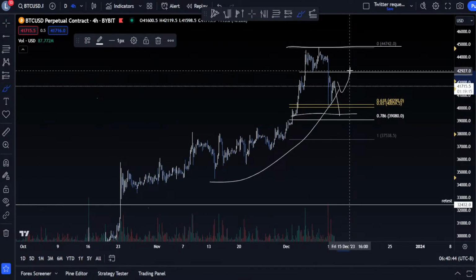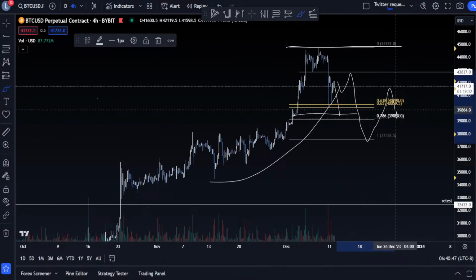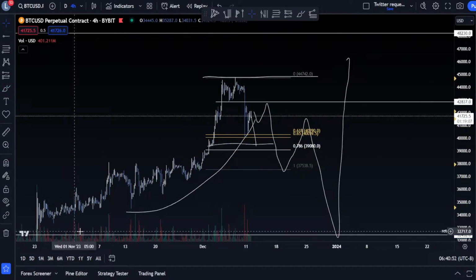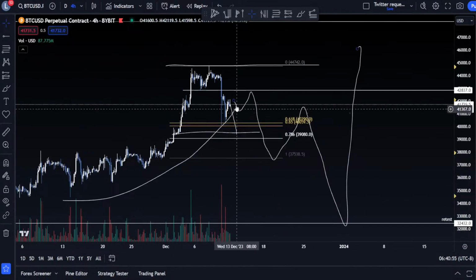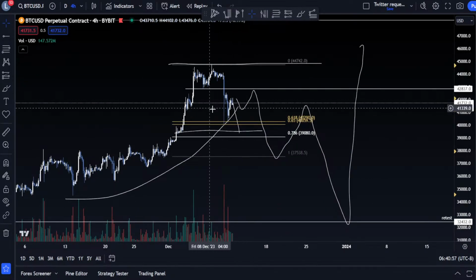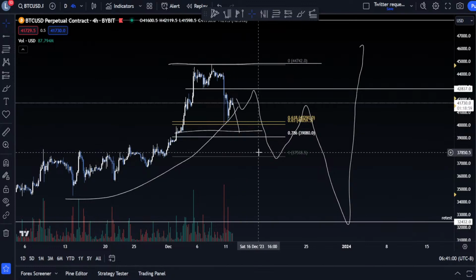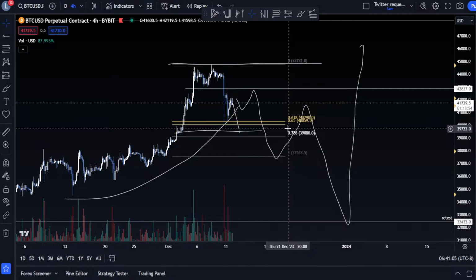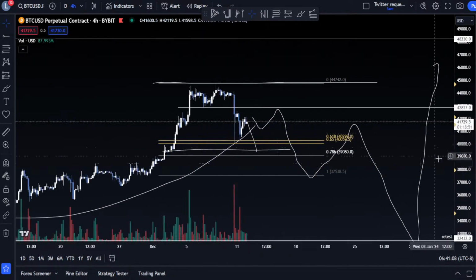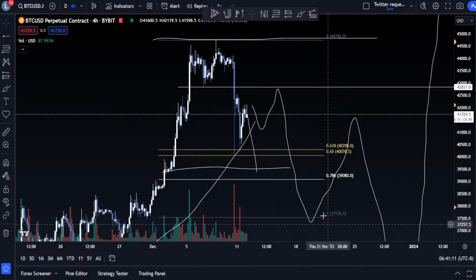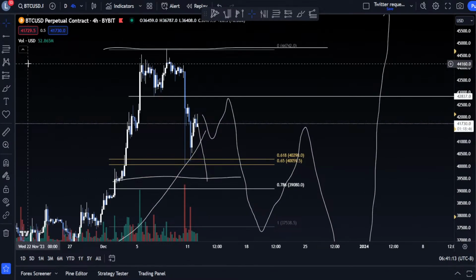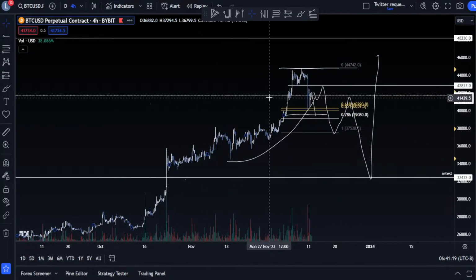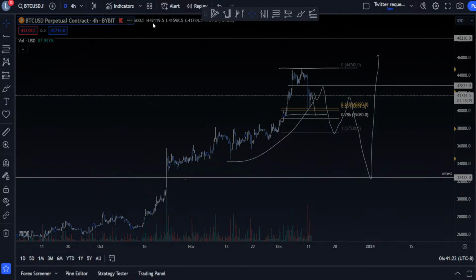But yeah, I wouldn't mind seeing, like I said, something like this. Take out all this liquidity that's been building up. This is obviously our first real big liquidity grab in this whole uptrend. But this could be the beginning of a correction.